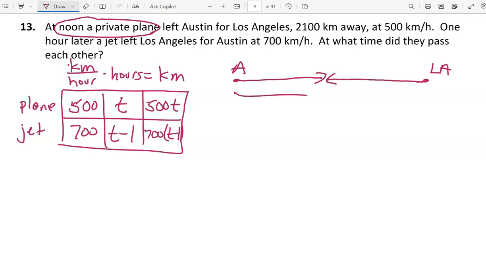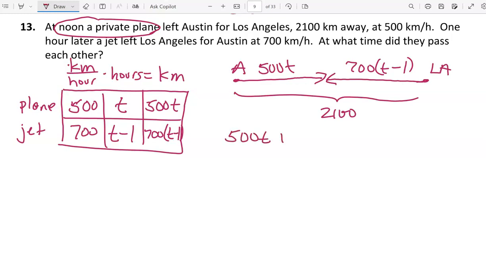And the two cities, we are told, are 2,100 miles apart. So our plane's distance is 500 times t, and the jet's 700 times t minus 1. That suggests a part plus part is equal to whole relationship. So those two distances total 2,100.